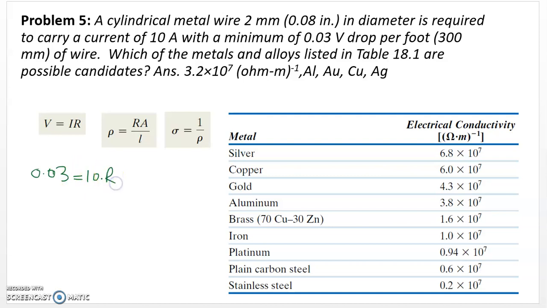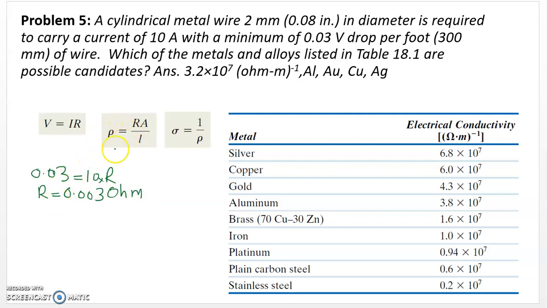So the resistance is equal to 0.03 divided by 10, which is 0.003 ohm.